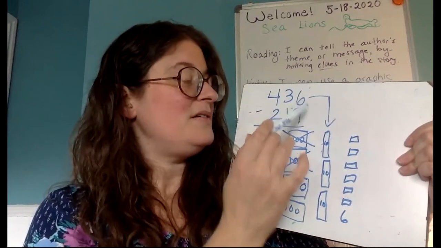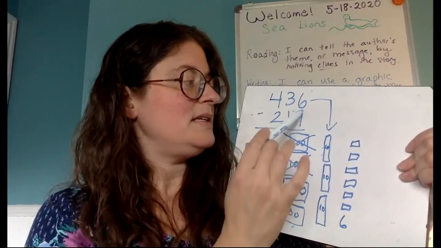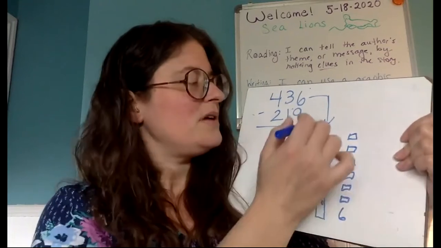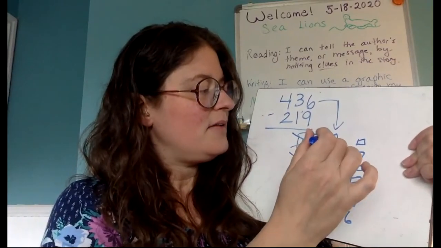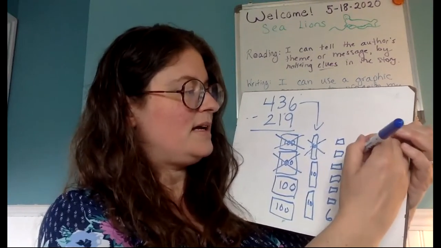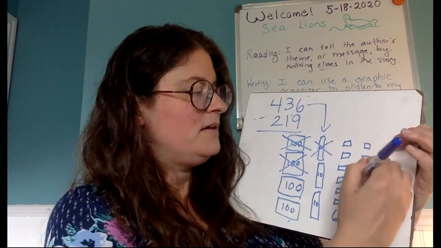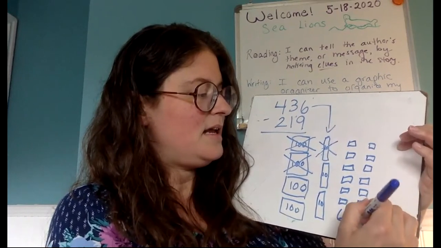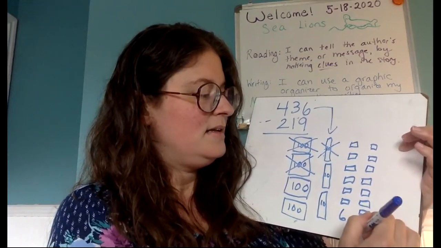Because I'm already noticing that I don't have enough ones to take away 9 in my ones column. So we're going to regroup by getting rid of one of our groups of 10, and we're going to give it over here. 1, 2, 3, 4, 5, 6, 7, 8, 9, 10.